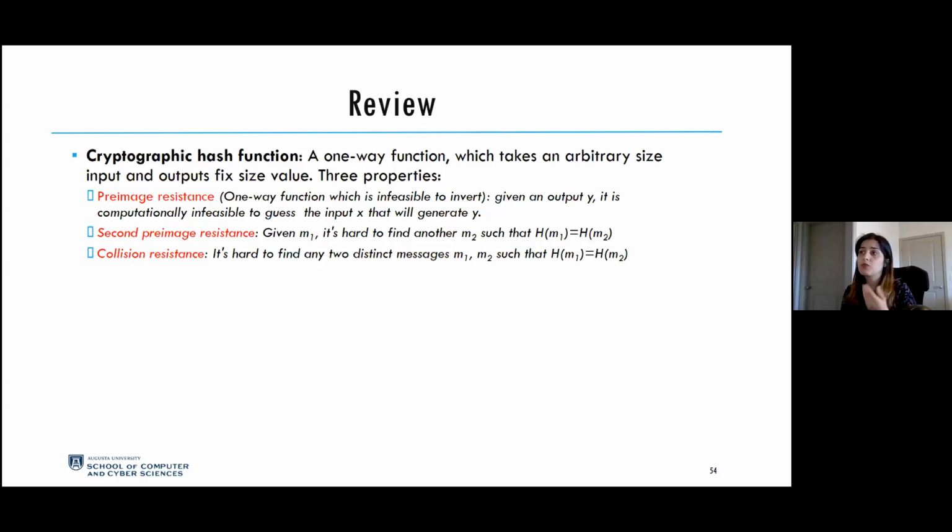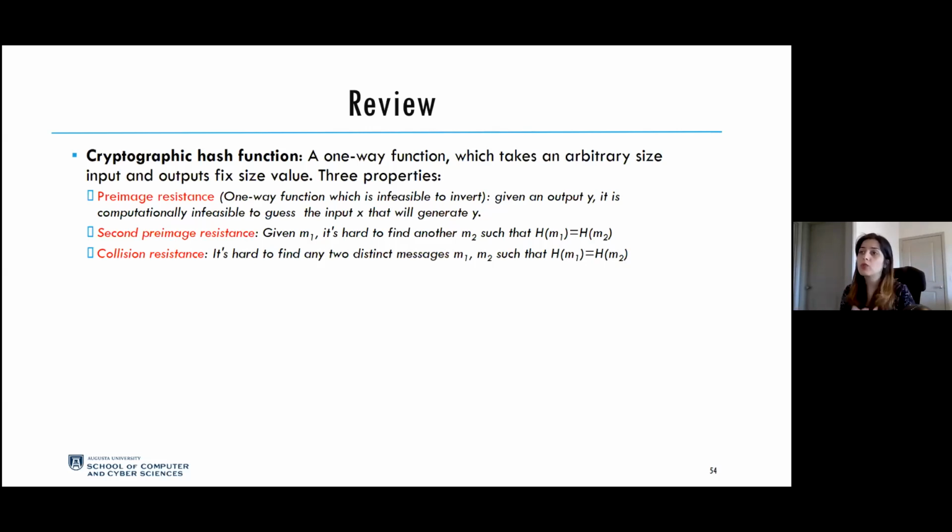On top of this, we have a couple of other properties: you will not be able to extract the input if you know the output of the hash function. It's deterministic, meaning if you give the same input twice, the hash will be the same. Also, if you change only one bit of the input, the hash value should completely change.